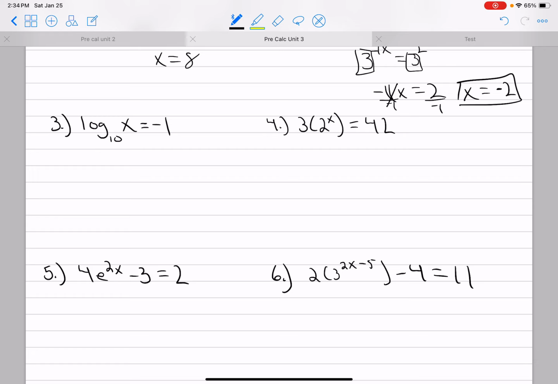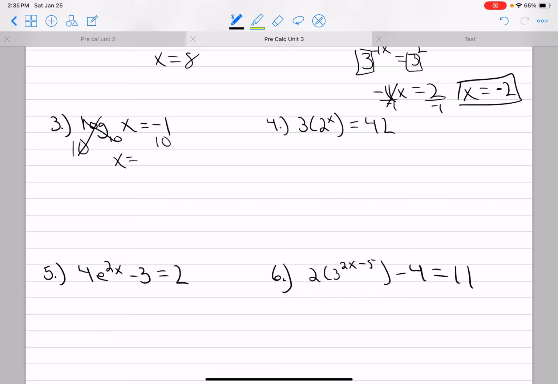So I'm thinking here, okay, well, I have log base 10 of x equals negative 1. Well, how do I get rid of log base 10? I take it to the 10th power. So 10 to the log base 10 cancels out, and I end up with x. Well, I have to take this negative 1 up to, it's not even the 10th power.